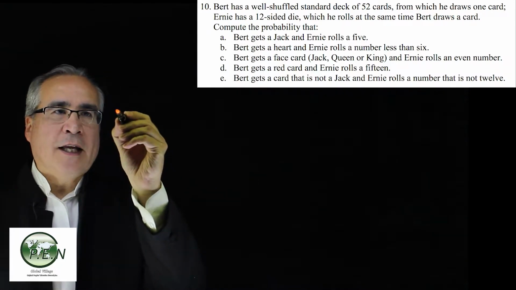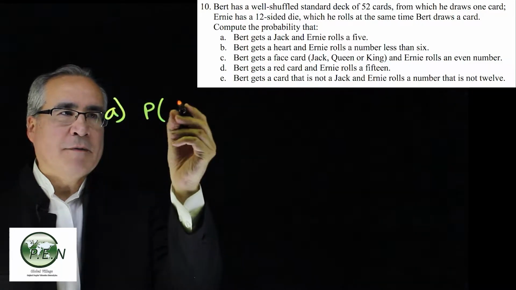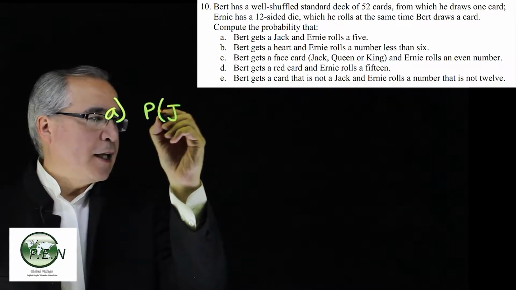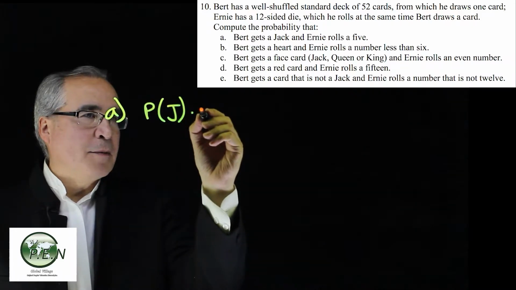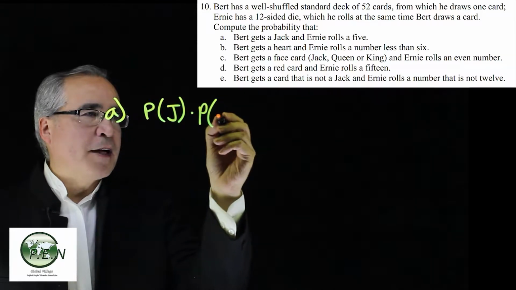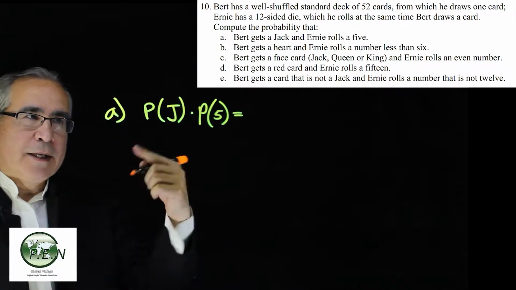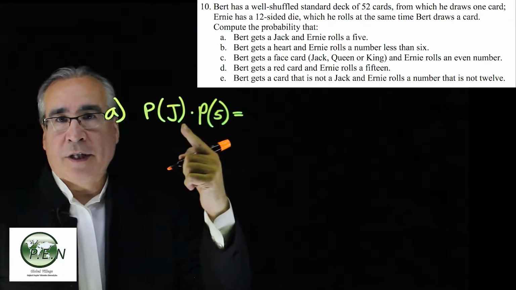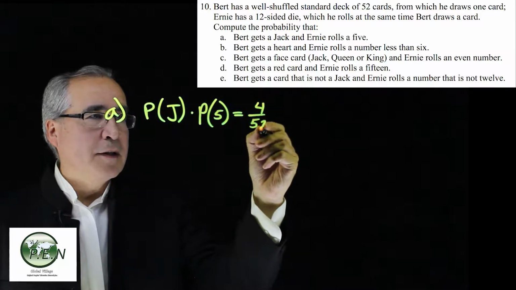For the A question, we are being asked what's the probability that from the deck of cards a jack is drawn, and that from the die we roll the number 5. Again, we do the counting. How many jacks are in a deck of cards? There are 4 out of 52.